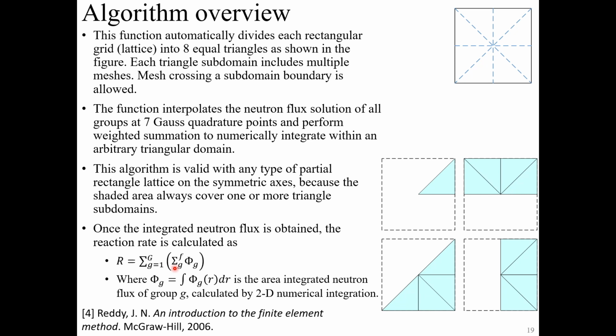Here phi g is the area-integrated neutron flux of group g calculated by the aforementioned 2D numerical integration. Finally, the last step: the thermal power or fission reaction rate is normalized so that the average assembly power is 1.0, or the total reactor power is equal to the number of fuel assemblies in your model.